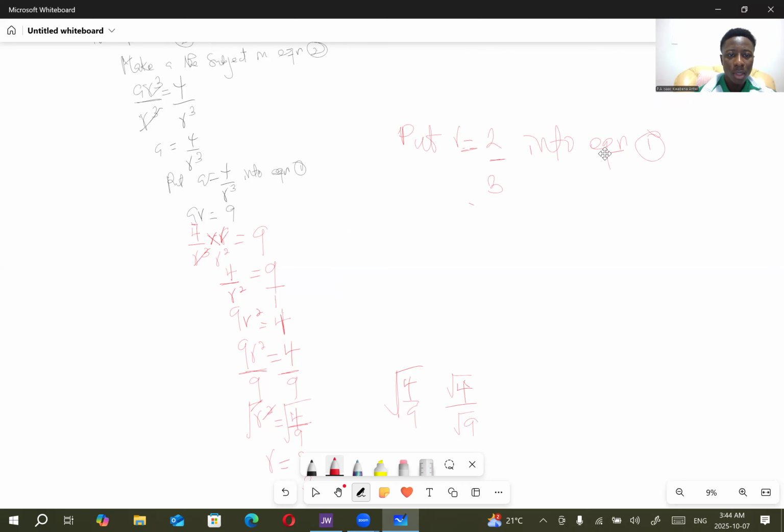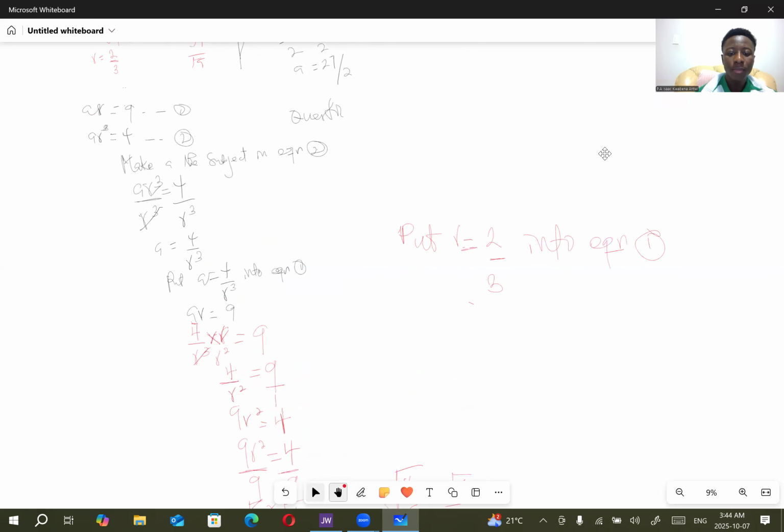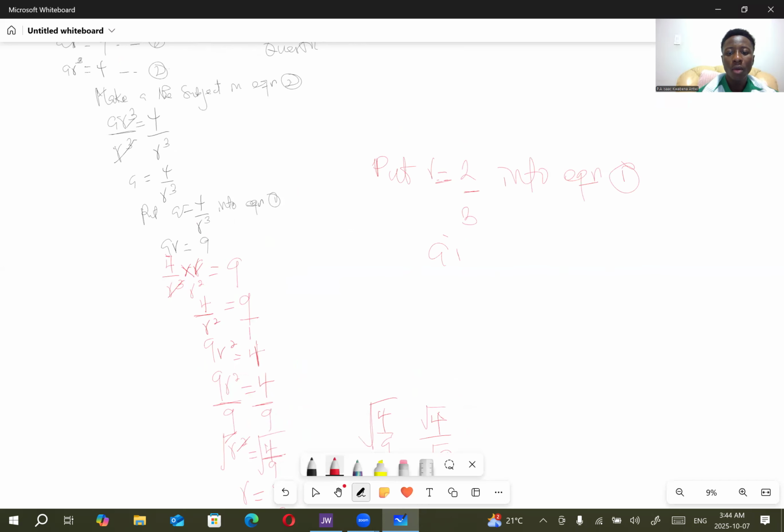Equation 1 is AR equals 9. So that'll be A times 2 over 3 equals 9. So that'll be 2A over 3 equals 9. Cross multiply: 2A times 1 is 2A, and 9 times 3 is 27. In fact, A is 27 over 2.